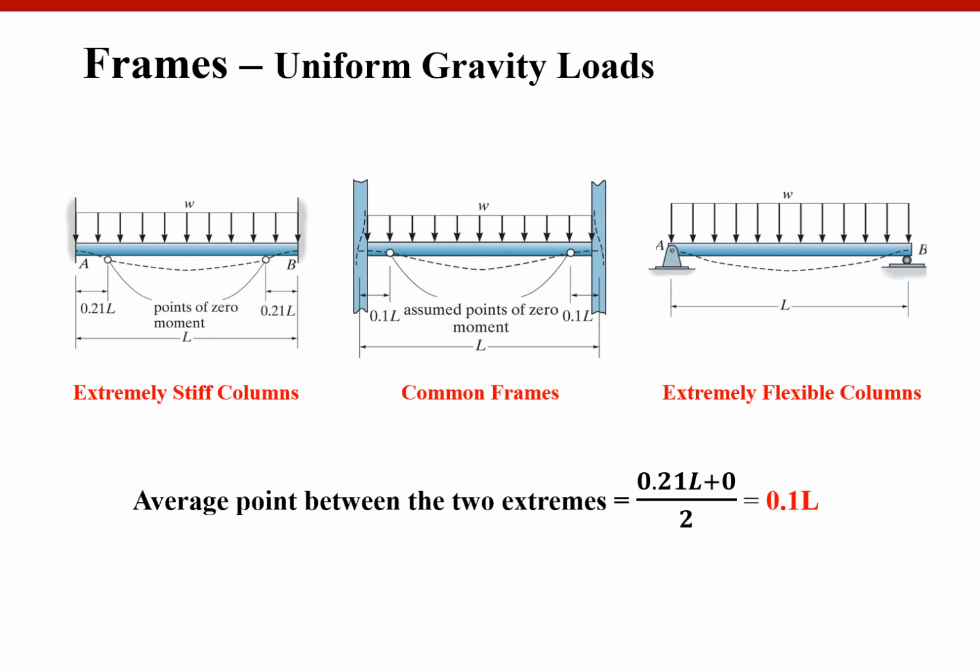But we do not know whether in reality your connection is exactly between these two extremes, somewhere in between, so we need some approximate value, which is 0.1 L. Okay, memorize it.